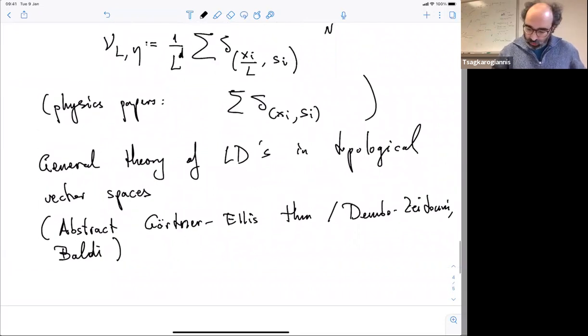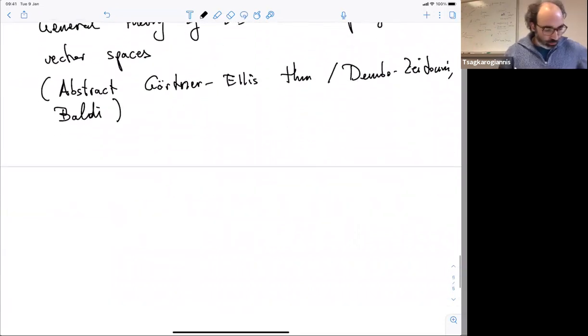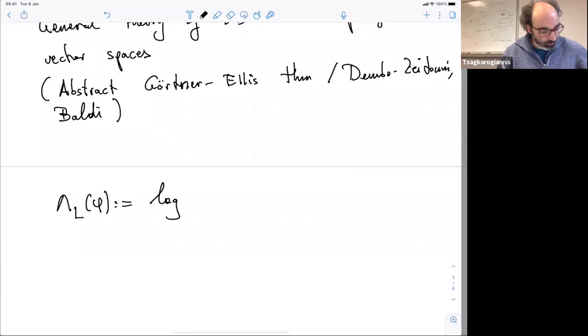So how do we treat that? There is an important quantity, which is, as I said, the grand canonical partition function. So in probability, we call it the log generating function. We usually use the letter lambda, which is the logarithm of the expected value of e to the empirical measure that I defined above.